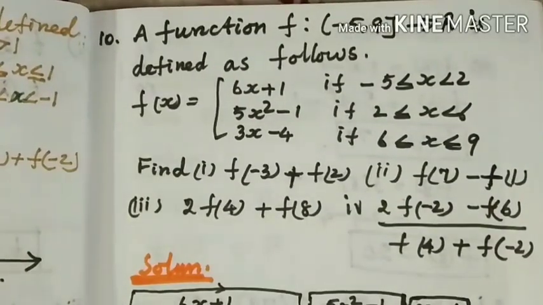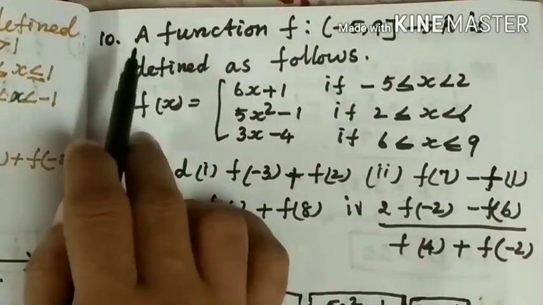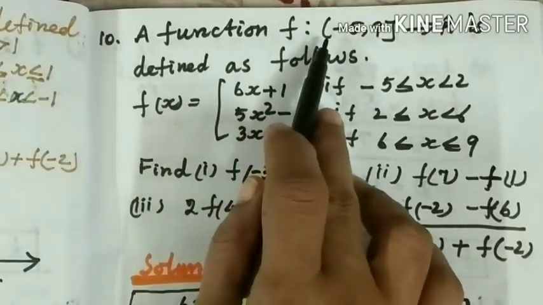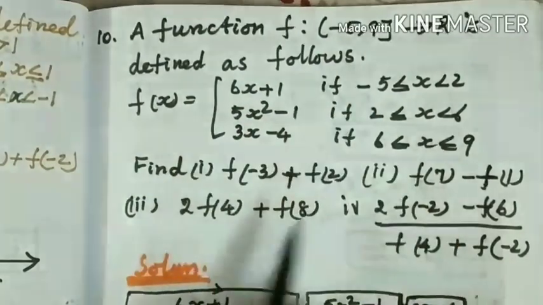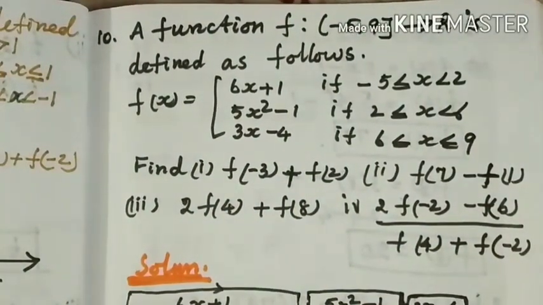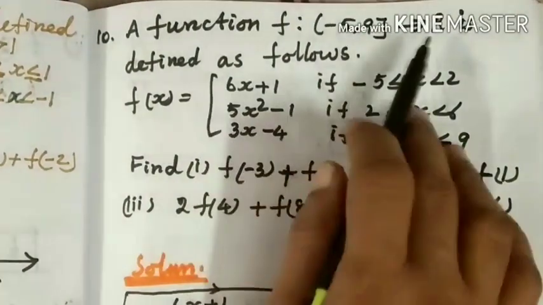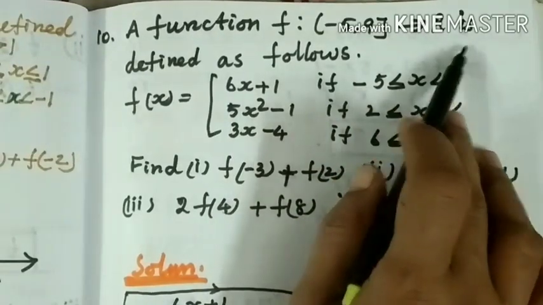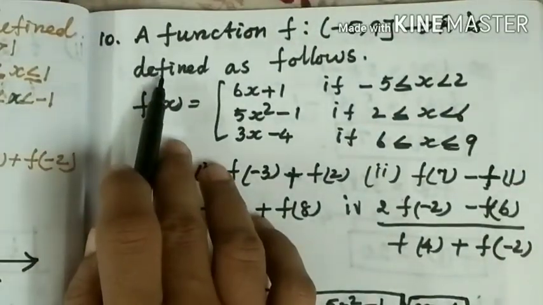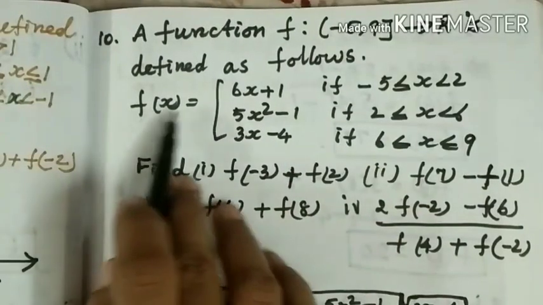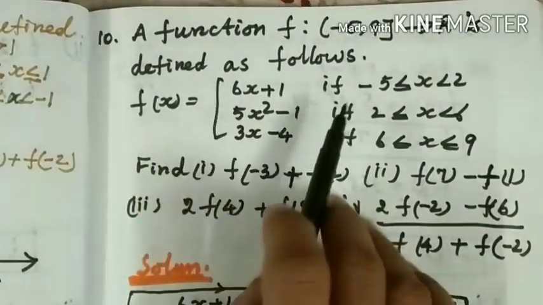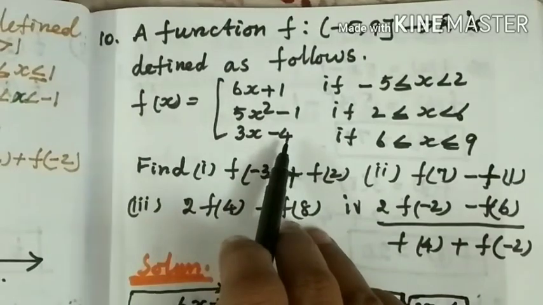Now come to the 10th sum. See the question, a function f such that x belongs to the interval minus 5 to 9. Then you draw the number line, minus 5 to 9, belongs to real numbers. Defined as follows: f of x equal to the given 3 different functions.